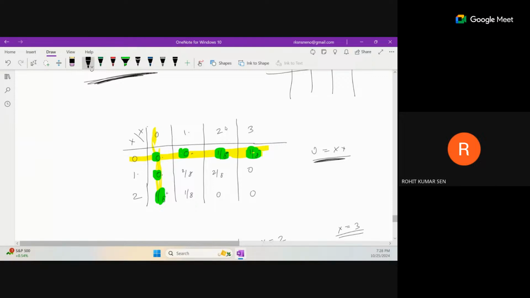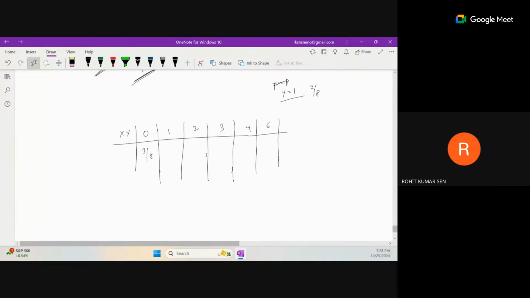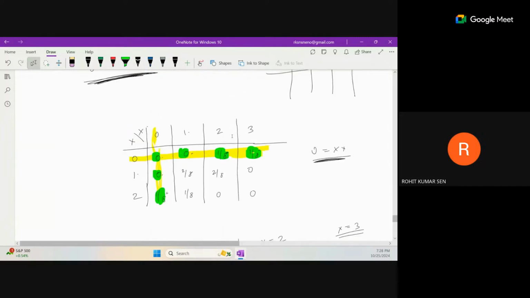Elsewhere, xy is something else, not 1. What is the probability? 2 by 8, right? For xy equal to 2, it is only possible when my x is 1 and y is 2, or my x is 2 and my y is 1, right?